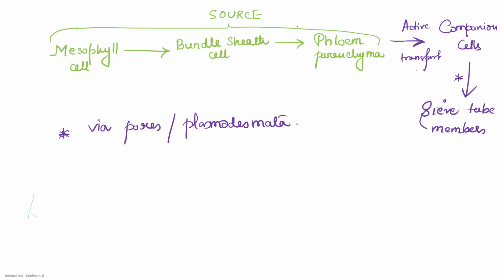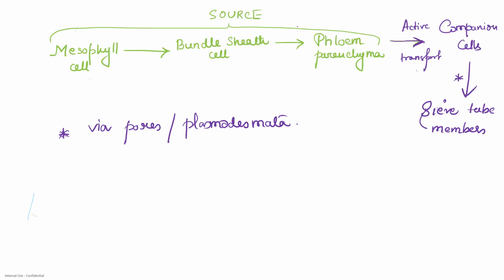Fine. Now again, there are two possibilities of phloem unloading. In symplastic unloading, what will happen? The sucrose and amino acids reach the cells of the sink organs directly from sieve elements via plasmodesmata, since it is symplastic.